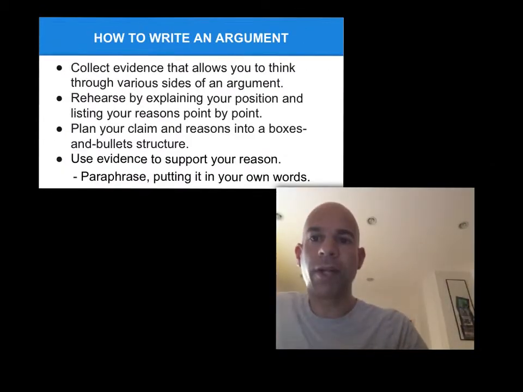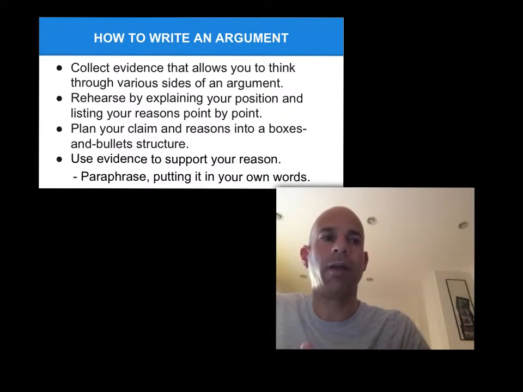Before you get started, let me do another quick review of all the things that you've accomplished so far in how to write an argument. These are all the things that have taken place so far in class. First of all, you have collected evidence that allows you to think through both sides of an argument, or through multiple sides of an argument. You then rehearsed by explaining your position and listing your reasons point by point.